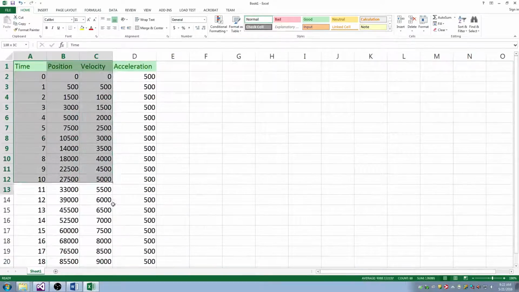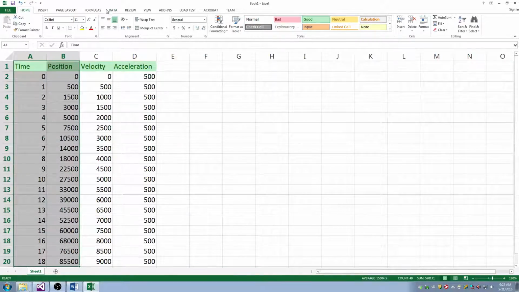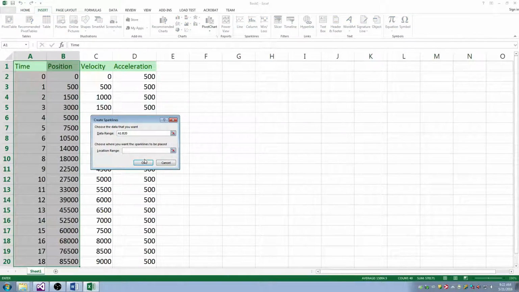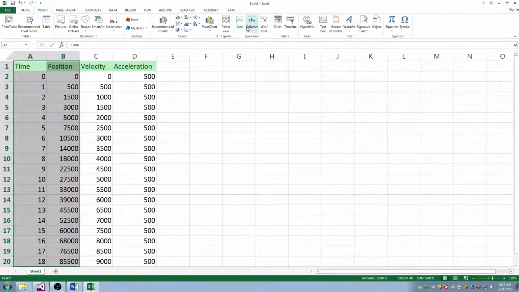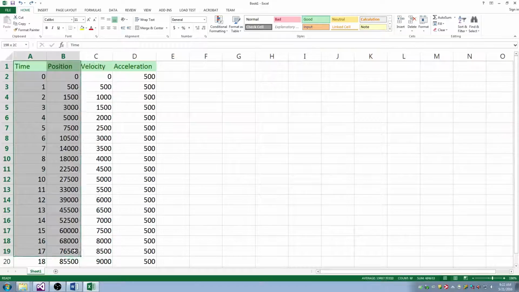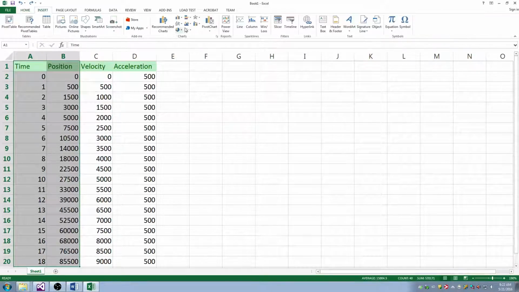So if we chart this time based on, let us do, just going to chart this here.